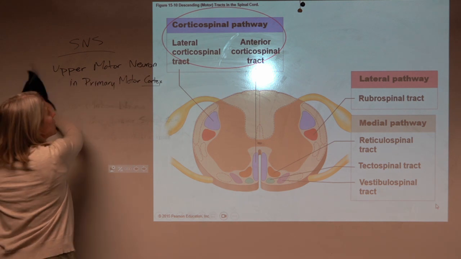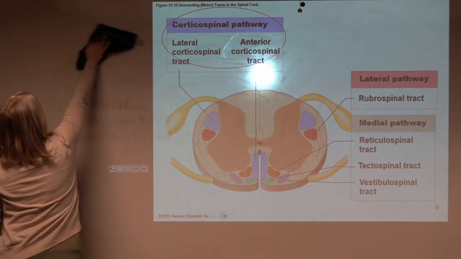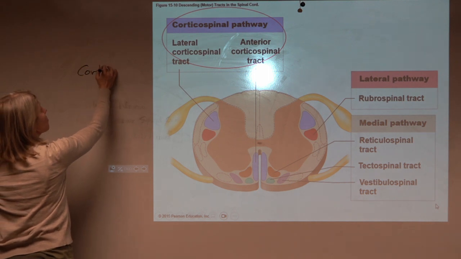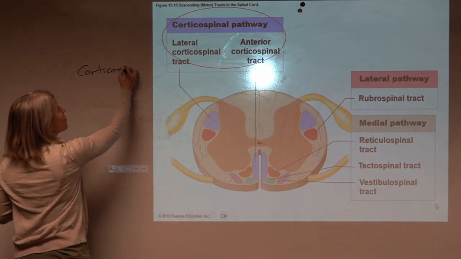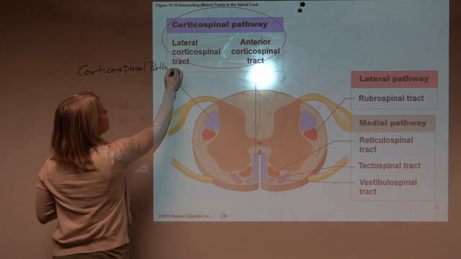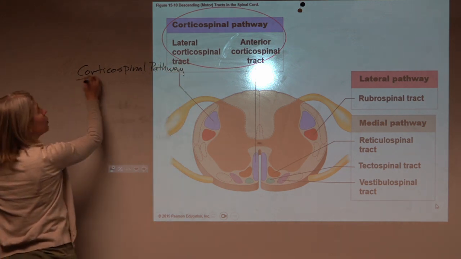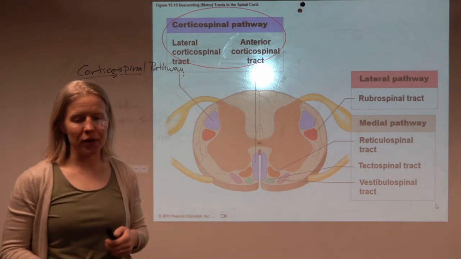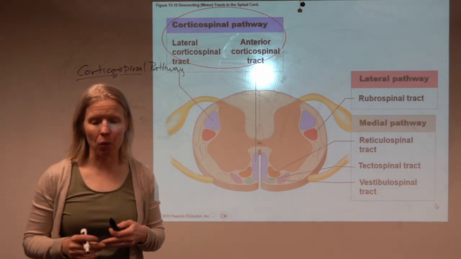So let's take a look at these three. Again, the clue here is that it's cortex towards the spine, so it's going to be carrying motor output.